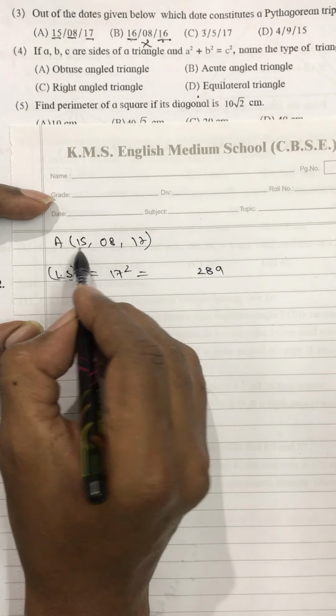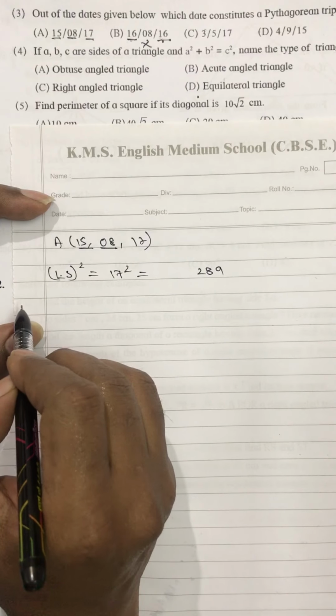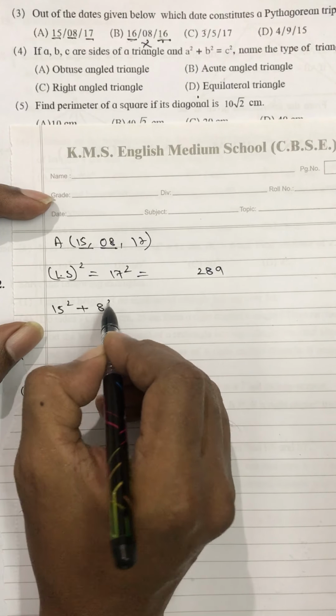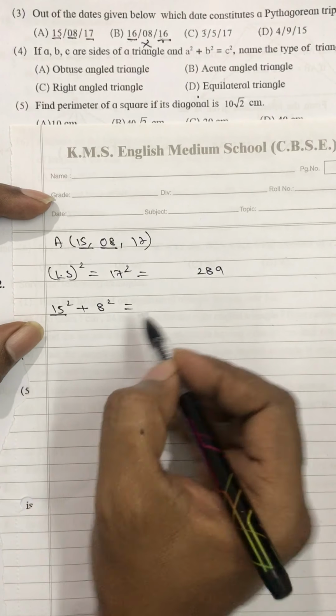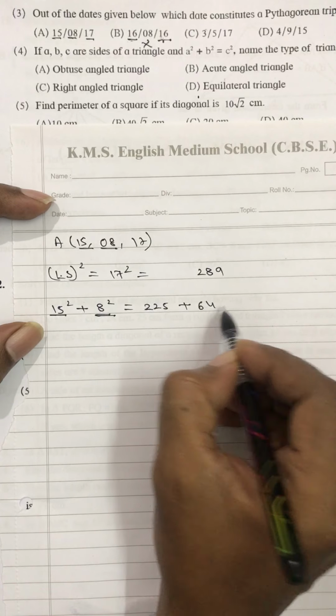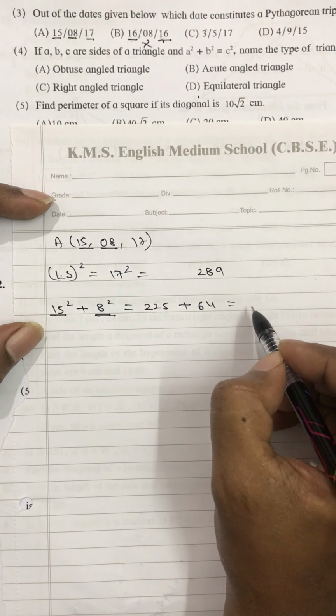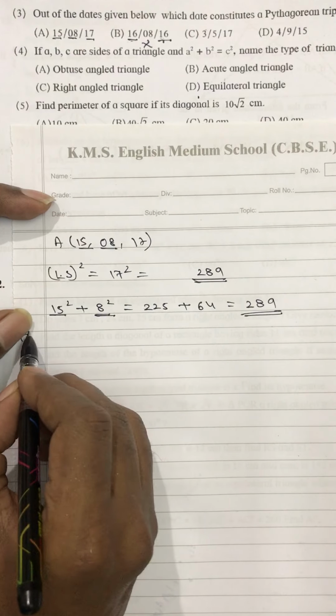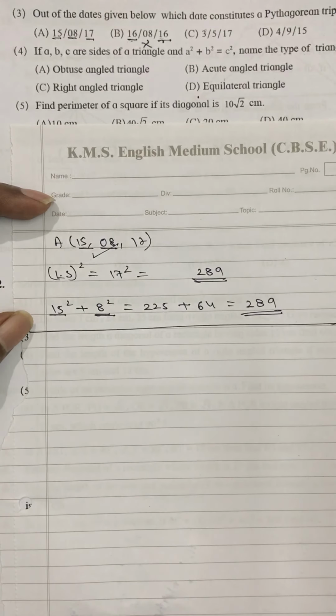And the other two sides which are remaining, I have to take the square of them and then add them. So it will become 15 square plus 8 square. 15 square is 225, 8 square is 64. If I add them, they will become 289. So definitely these both are equal. So this is your answer.